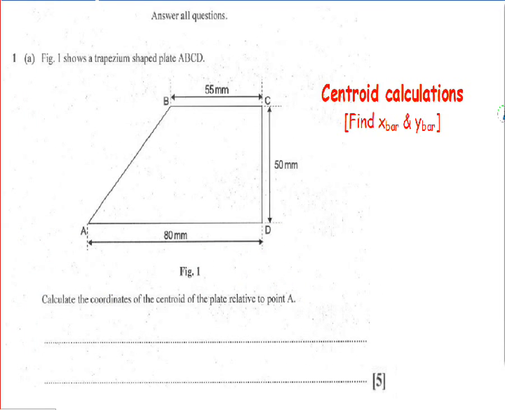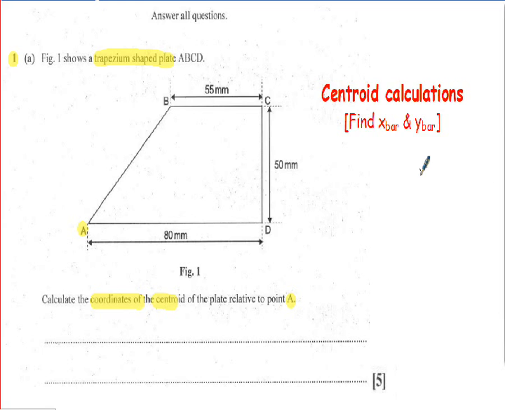So I'm going to take you through the paper very briefly here, looking at the questions. And I've just highlighted the topic areas and how I would suggest you go about solving these kind of problems. So question 1 on this paper shows you what's called a trapezium shape here. And basically what you've got to do is calculate the coordinates of the centroid of the plate from point A. They've given you point A on the shape, and you must calculate your X bar and your Y bar from that position.